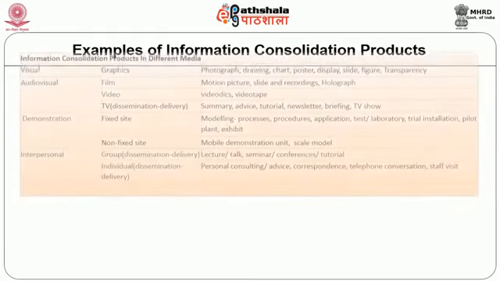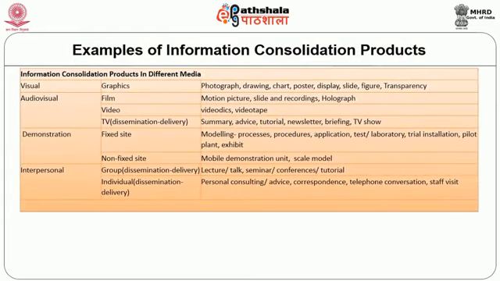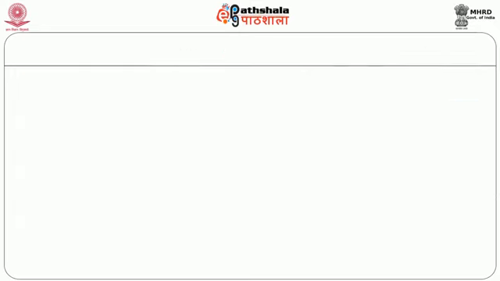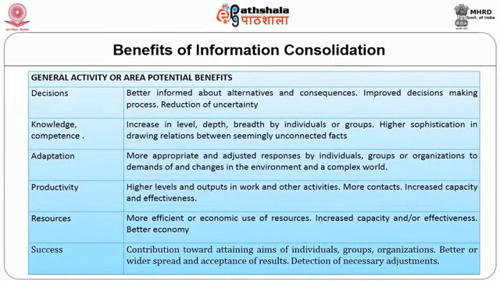Some of the other information consolidation products are tabulated on the basis of different media and diffusion by stage in a self-explanatory table. The table provides a list of the possible information consolidation products in different media. Now, what are the benefits of information consolidation?